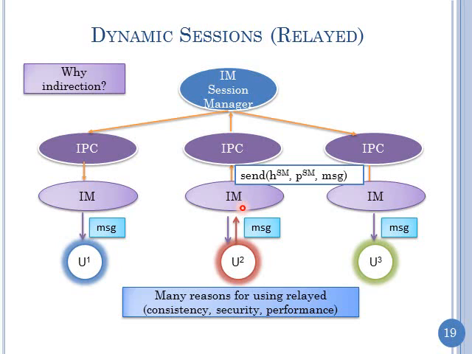Remember, I think Fred was the one, when we were talking of causality, and we were saying that when you have peer-to-peer communication, you can get into non-causal interaction. Well, if you go through a central server, you'll get causality. So there's causality, there's security issues, there's performance issues, there's lazy coding issues. So there are many reasons for having relayed interaction.